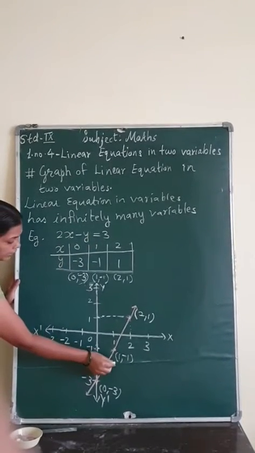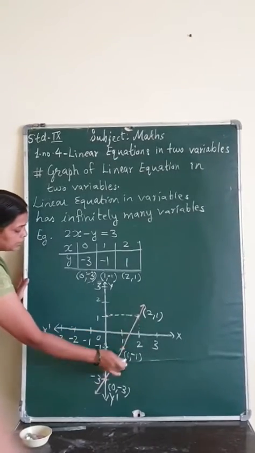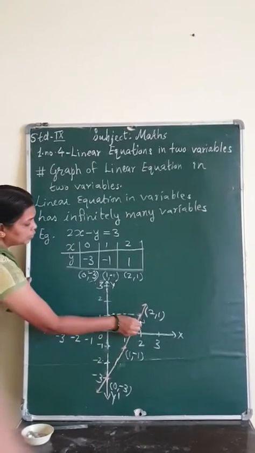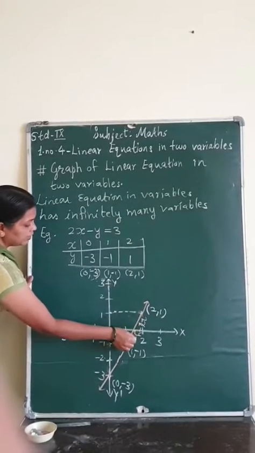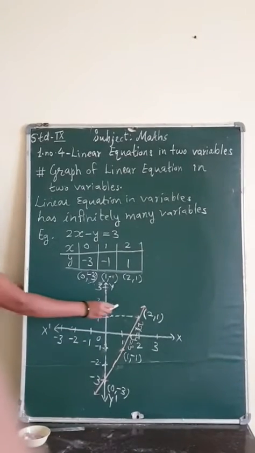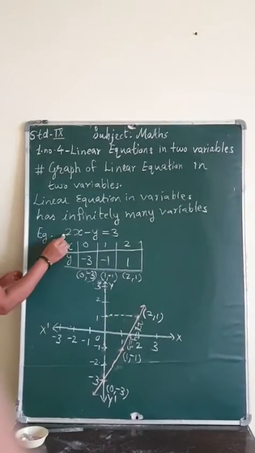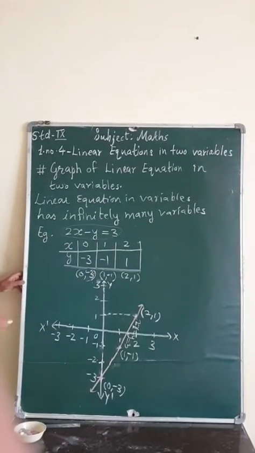You have to write the equation on either side of the line. I am writing it here, 2x minus y is equal to 3. So this is the geometrical representation of this linear equation on the graph.